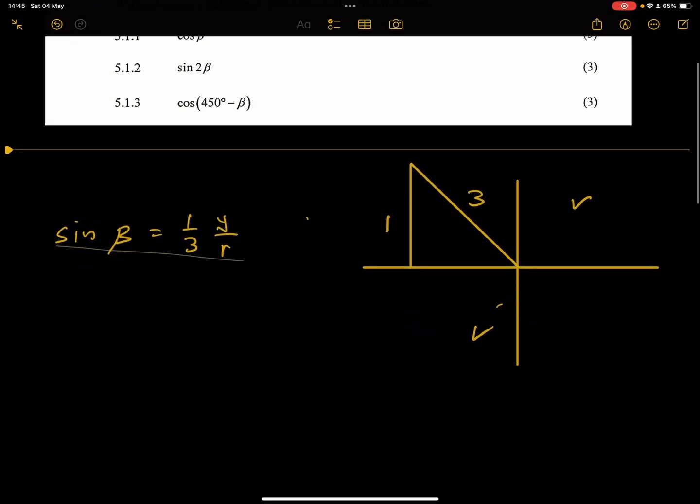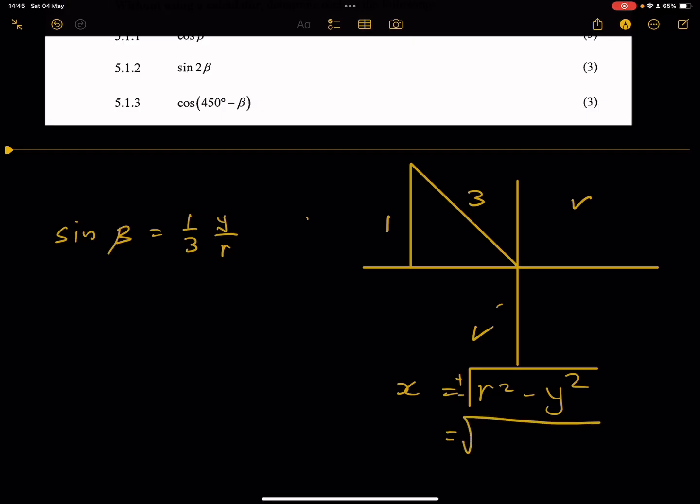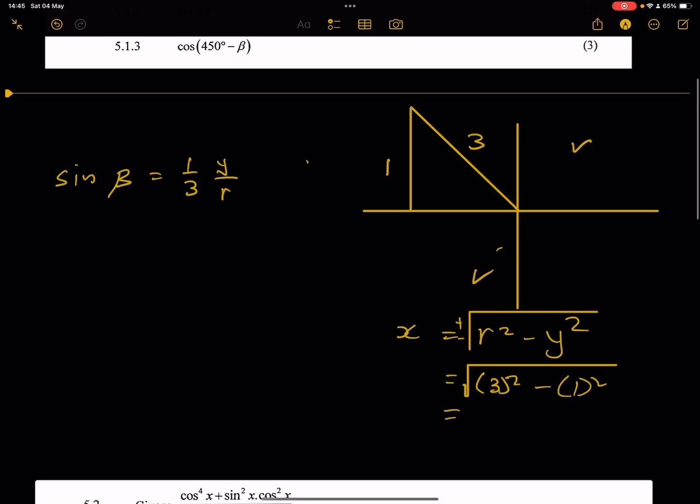So let's get our x value. x squared would be r squared minus y squared, so x would be plus minus the square root of 3 squared minus 1 squared. That's 9 minus 1, which is 8.